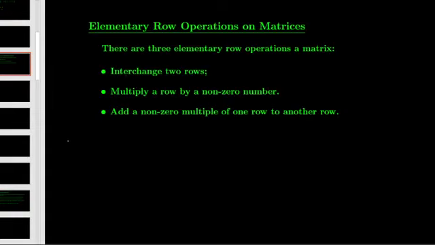Now let's say we have an augmented matrix, something like this. Again, at this point, I'm only telling you what we mean by the operations. Later on, I'm going to tell you how to choose the operations to make the augmented matrices as simple as possible. But at this point, do not ask me why we choose the operations.